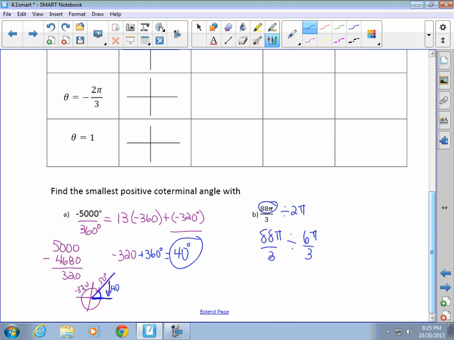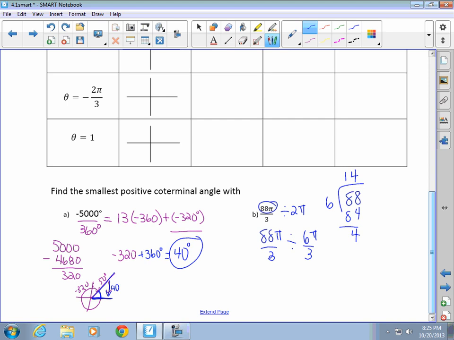Where I made my mistake in the first one is I just left it as 2 pi and tried to divide that in there, but I can't forget about my denominator of 3. So this is the same as taking your 88 and dividing it by your 6. If you use your calculator, that goes 14 times evenly, which gives you 84, which leaves you with 4.